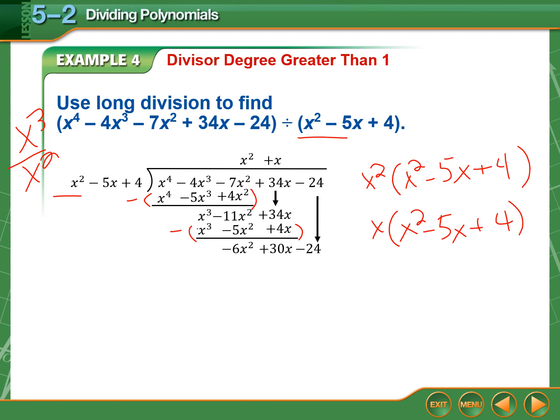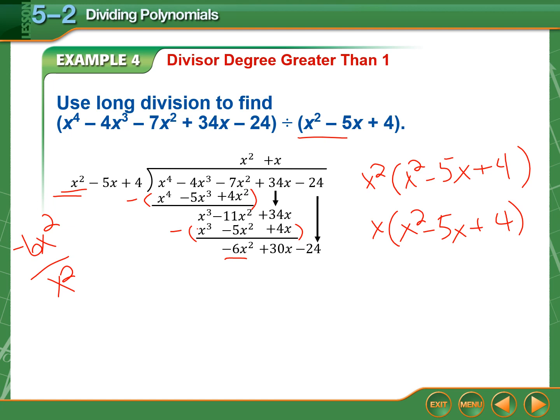All right, here we go. What does it take to get negative 6x squared? I'm trying to figure out negative 6x squared divided by x squared.